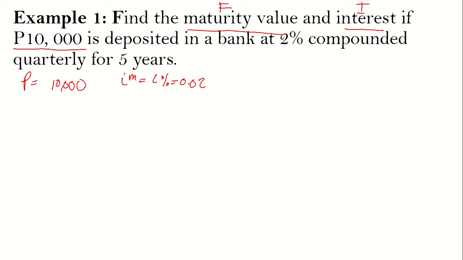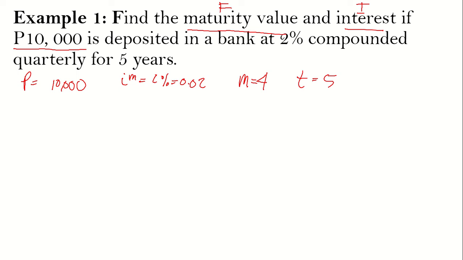And we also have here quarterly, which is the frequency of conversion which is equal to 4. And we have here t, which is equal to 5 or 5 years.